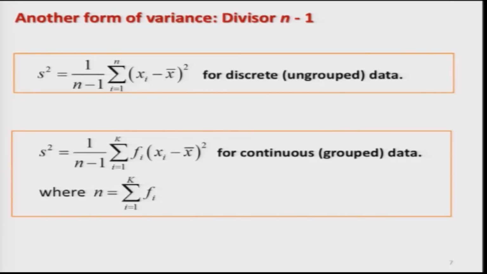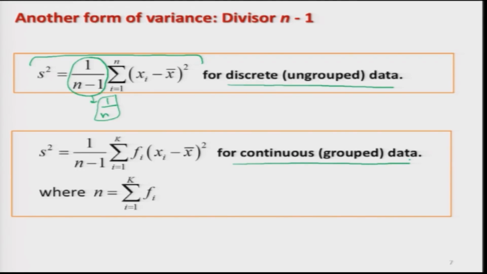In case of ungrouped or discrete data, this is given by this quantity. You can see that this expression is like the earlier one. The only difference is that instead of n, I have 1 upon n minus 1, and earlier we had only n. So, this is what you have to keep in mind. And similarly, in case of continuous data or grouped data, the divisor that was earlier n now becomes 1 over n minus 1.